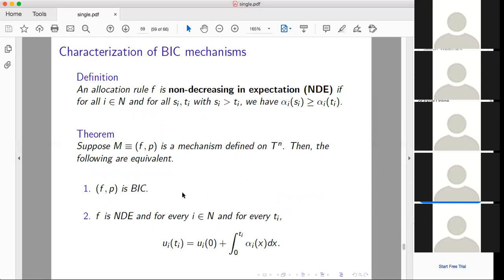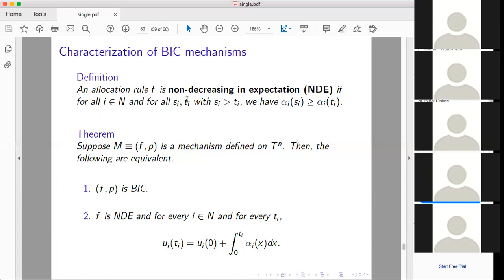So basically, immediately you can write down an analogous characterization of Bayesian incentive compatible mechanisms. Instead of non-decreasing ex post, you have non-decreasing in expectation. What it means is that if you take two types of agent i, s_i greater than t_i, then the interim allocation probability at s_i is greater than or equal to the interim allocation probability at t_i.